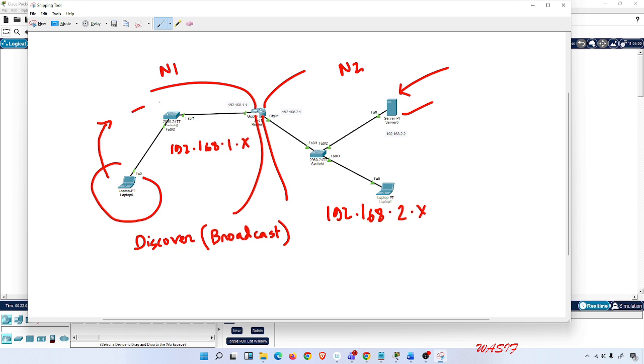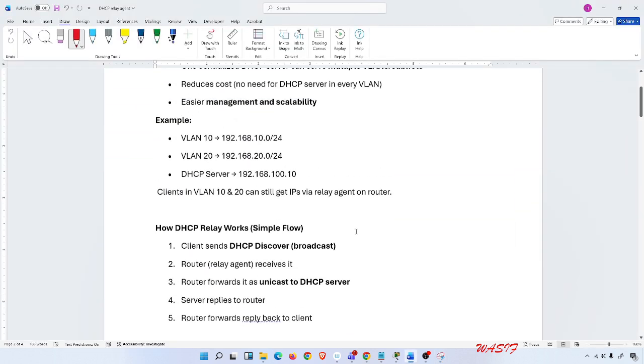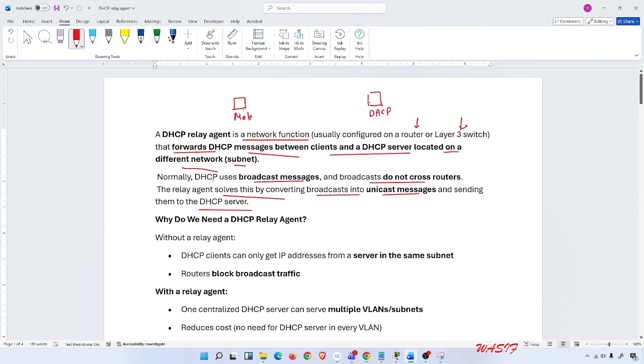The request goes everywhere, and it comes here. According to the definition, DHCP uses broadcast messages, and we are speaking about the discover message, and it does not cross the router. It cannot cross the interface of the router, and it cannot cross the network.